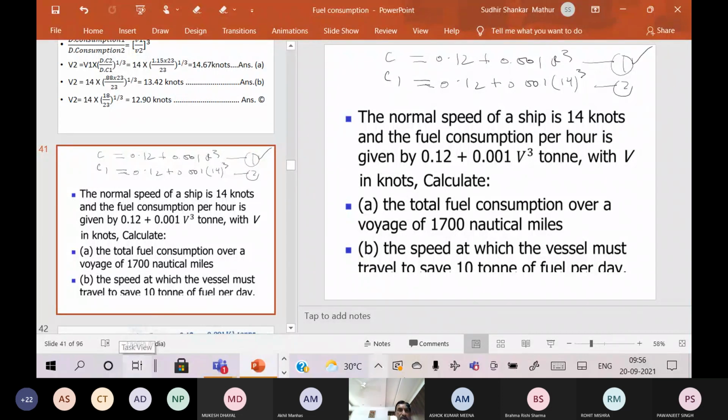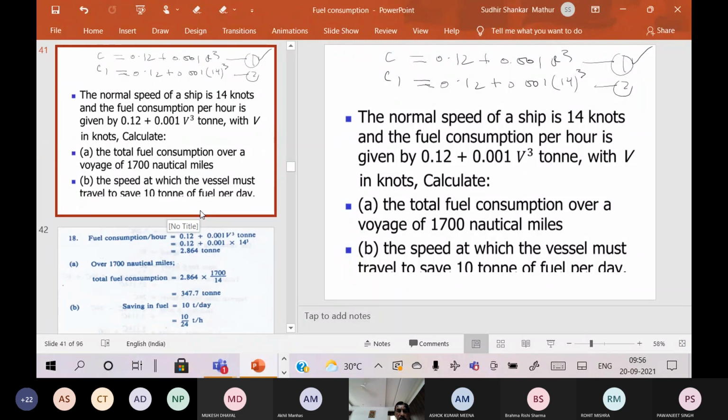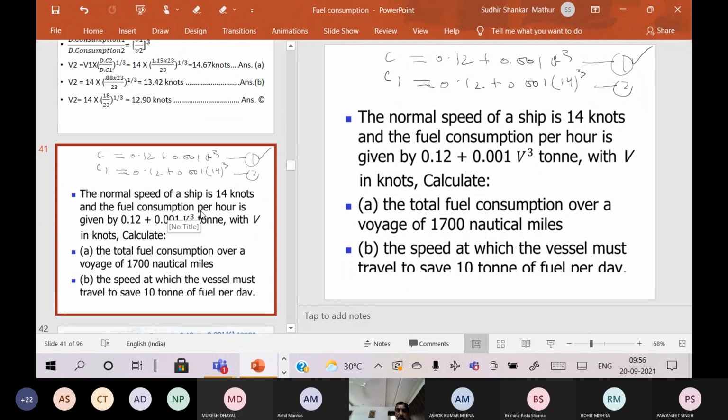So how you have done? This is, I mean, this is clear, na? C1 or the daily per hour consumption is so much. So we can calculate putting the value of V, which is given at 14 knots. So at 14 knots, we know what is per hour consumption.